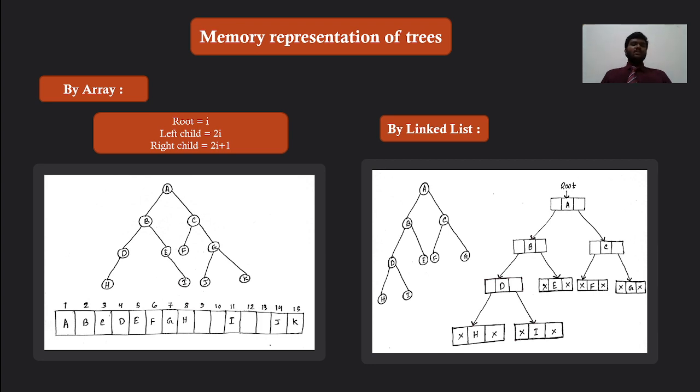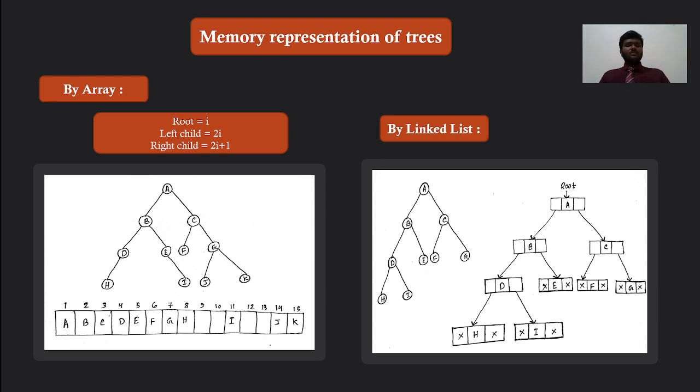And if you again check E, whose i value is 5, according to the rule its left child is 2 into 5, which is 10, and its right child placement is 2 into 5 plus 1, which is 11.